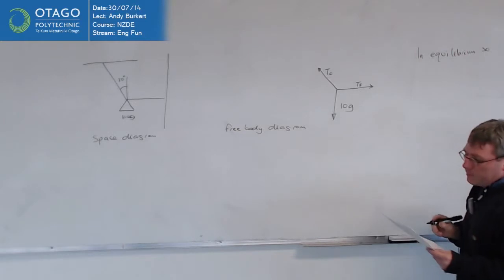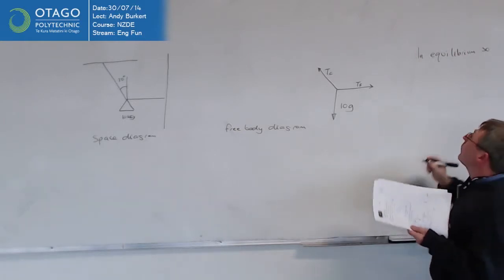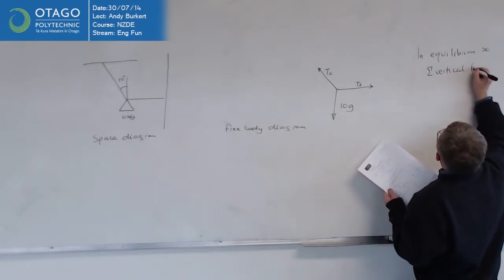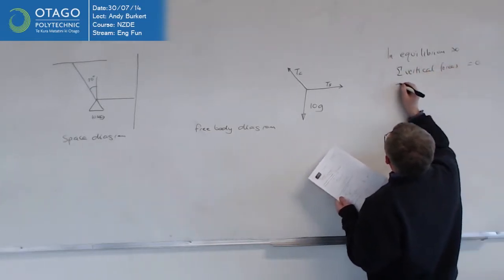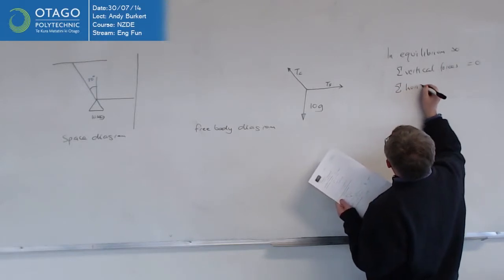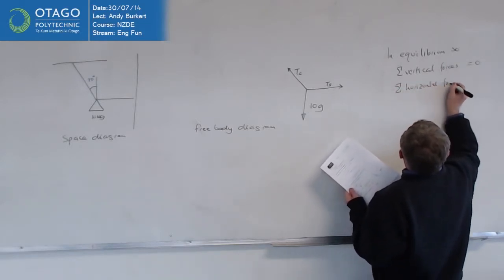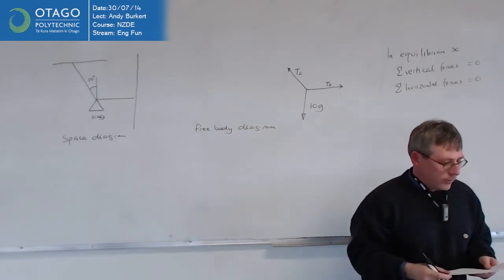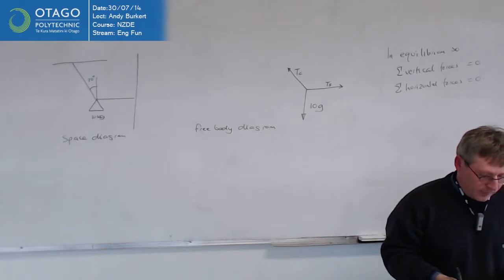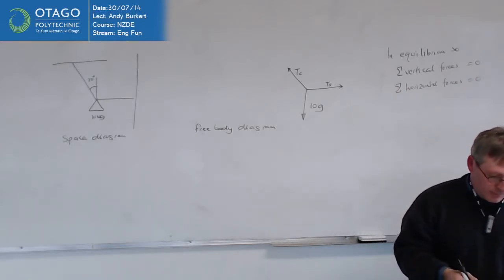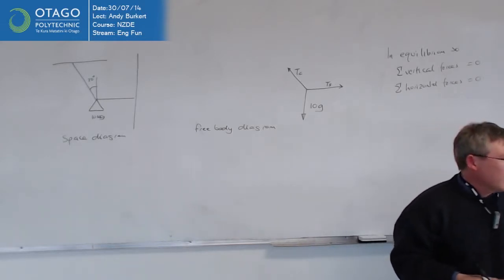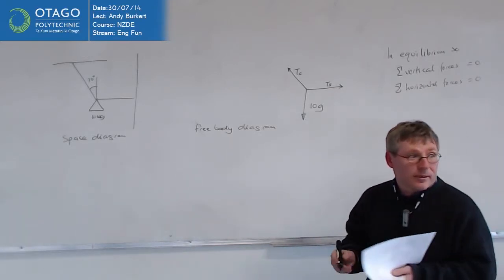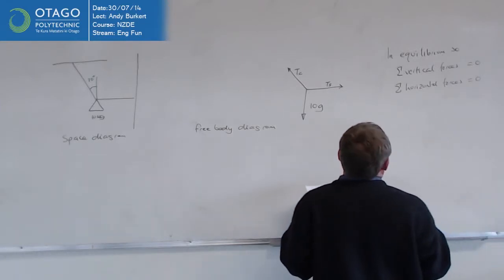So the sum of the vertical forces equals 0, and the sum of the horizontal forces equals 0. Okay? So I hear you're happy drawing it with the table version for the different forces? Yeah? Okay, so let's have a look at the table version.